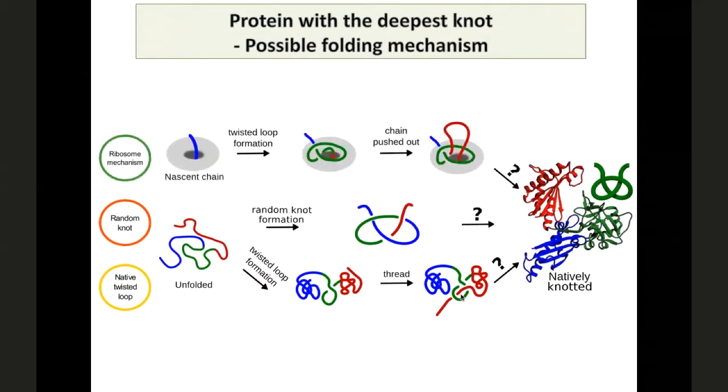Or we can think about another possibility: the formation of the knot exactly when the chain comes out of the ribosome. So let's test all of these three possible cases.